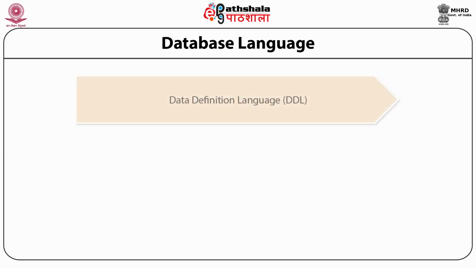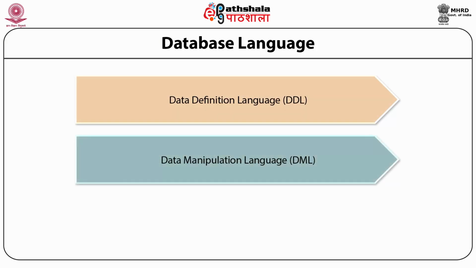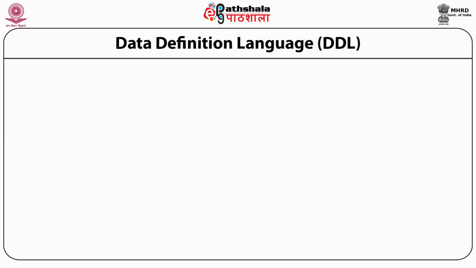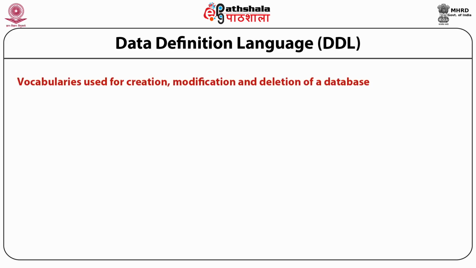The first one is data definition language, which we call DDL. The second one is data manipulation language, which we call DML. And the third one is data control language, which we call DCL. Data definition language, DDL, basically gives the vocabularies used for creation, modification and deletion of a database.